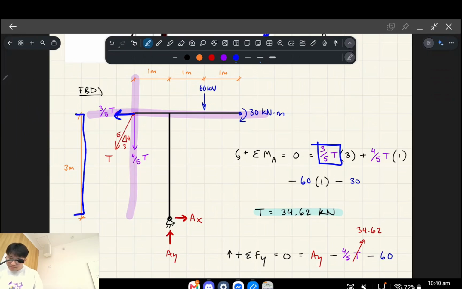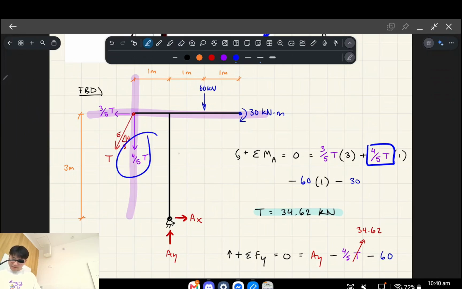It's positive because it's producing this counterclockwise spin. Next we've got 4/5, which is the vertical component, and its lever arm is 1, so that's there to there. And it produces a counterclockwise spin as well, so it's positive.